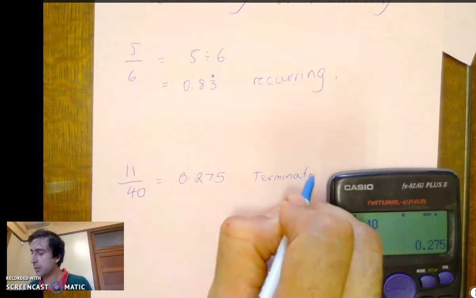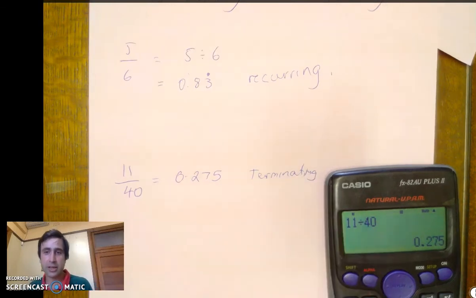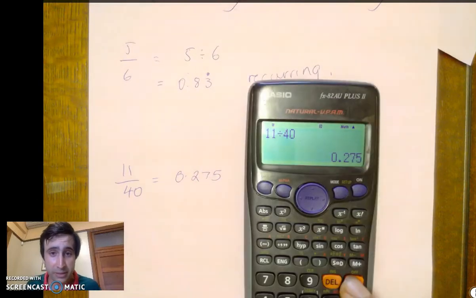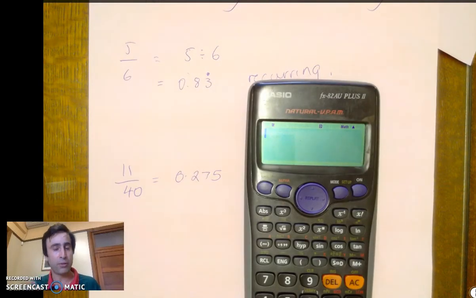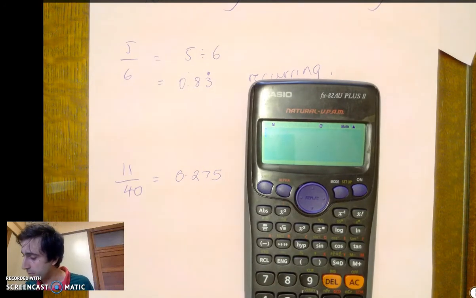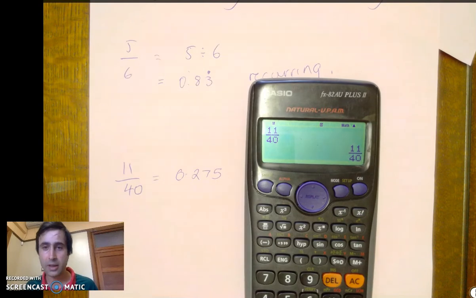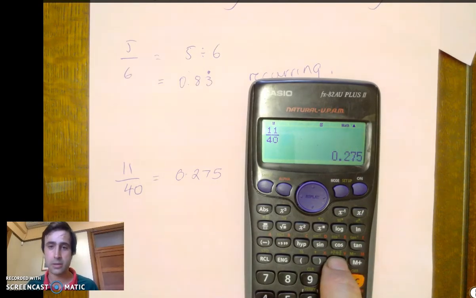There's a quick way with these Casio calculators, a nicer way of doing it. These Casio calculators can flip between fractions and decimals on their own. So if I put the fraction button, 11 over 40, press equals, all I have to do is press S-D and it flips between them.